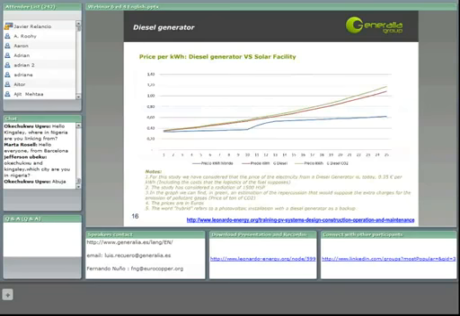We have considered a radiation of 1,500 peak hours per year, and we have calculated a diesel generator price of electricity of 0.35 euros based on the diesel price of 1 euro per liter.